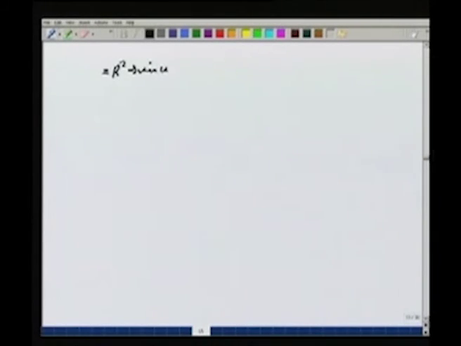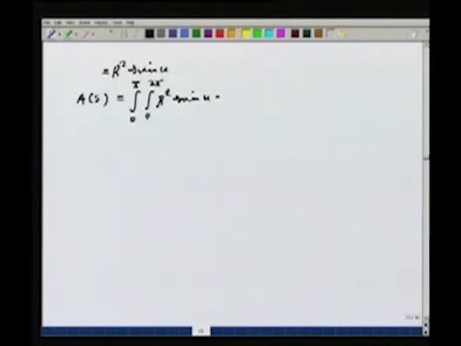So I have found out what is ds. Now I have to integrate it. So total area AS then is integral from 0 to pi, that is the variation of u, then 0 to 2 pi r square sine u, that is the area of the infinitesimally small rectangle which I have found and called ds. So this is ds, and then I am summing them up, so it is du dv.